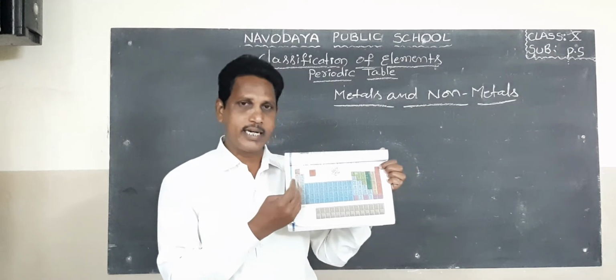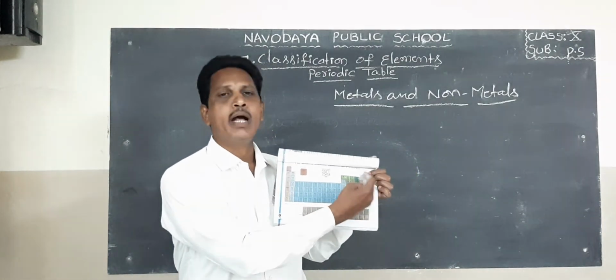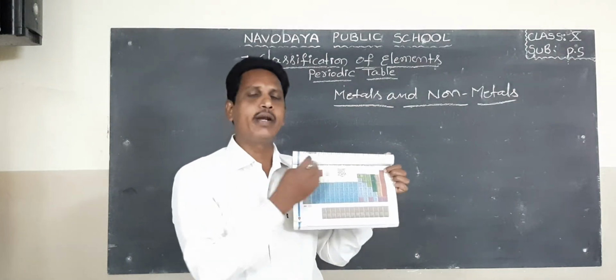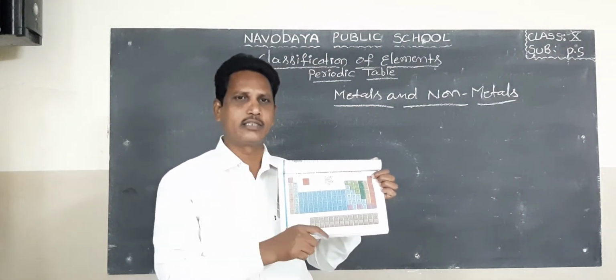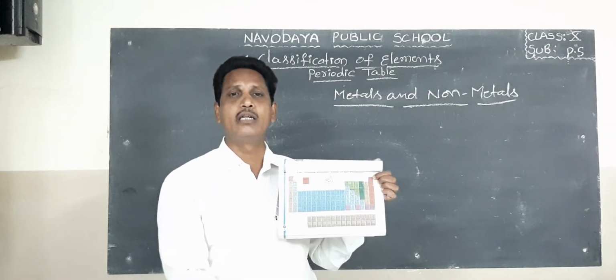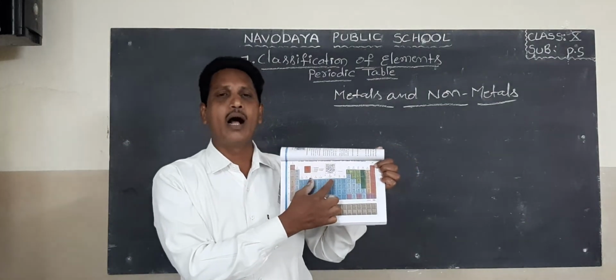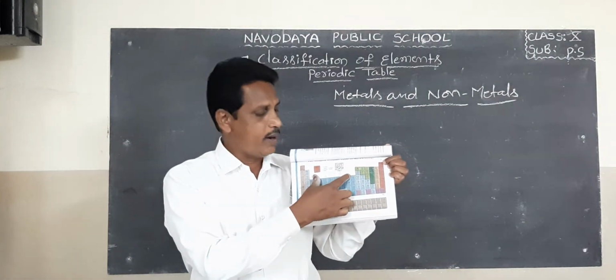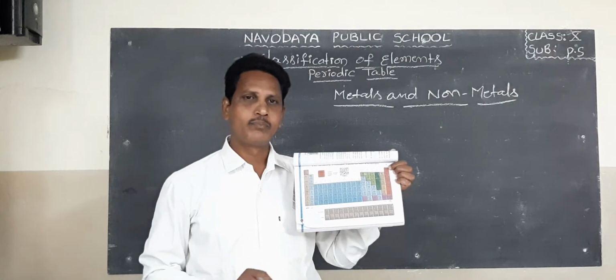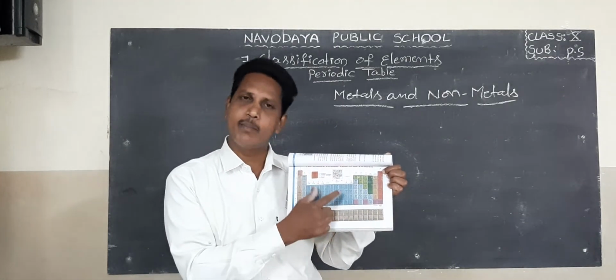Strong metals are present at the left side of the periodic table. Strong non-metals are present at the right side. 1A, 2A group elements are called strong metals. 6A, 7A, 8A group elements are called strong non-metals. The entire D block elements, 1B to 8B, are metals.